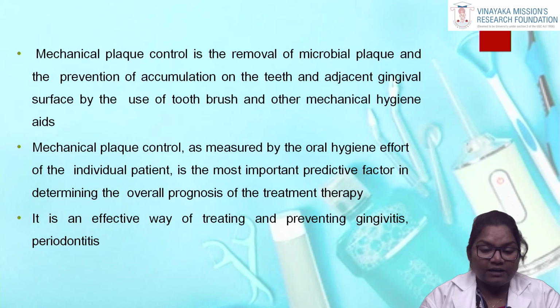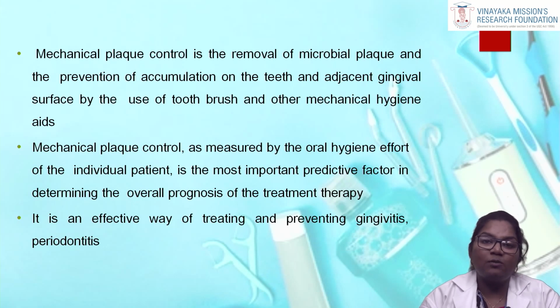Mechanical plaque control is measured by the oral hygiene effort of an individual patient. It is the most important predictive factor in determining the overall prognosis of the treatment therapy, and it is an effective way of treating and preventing gingivitis and periodontitis.